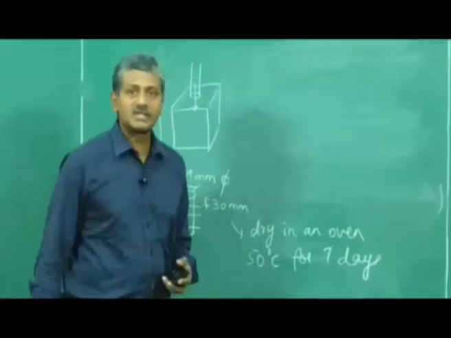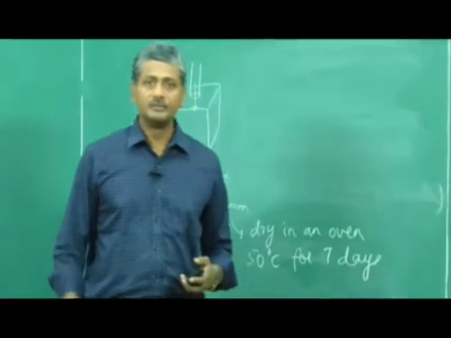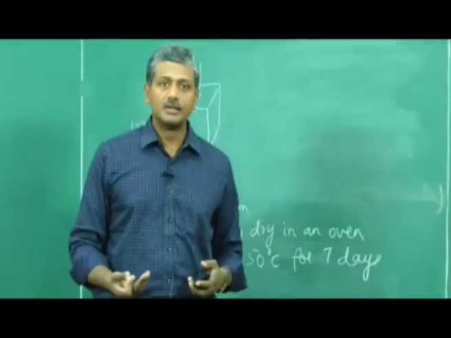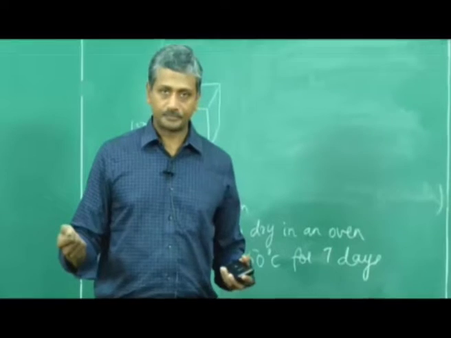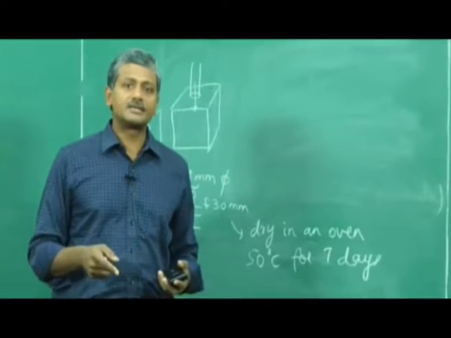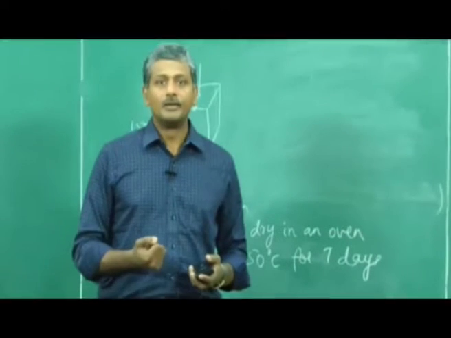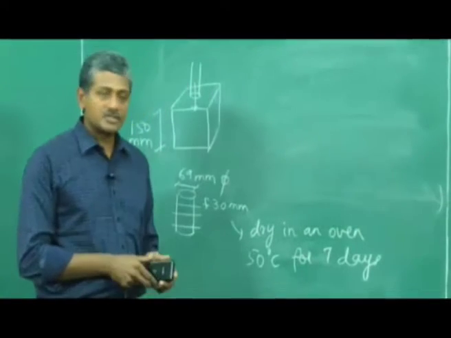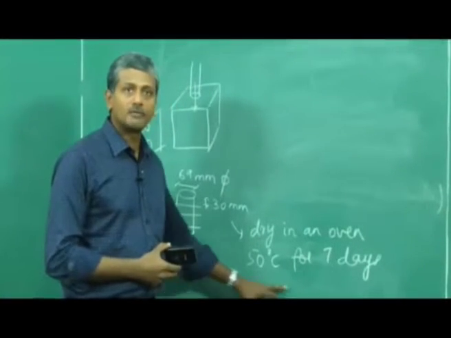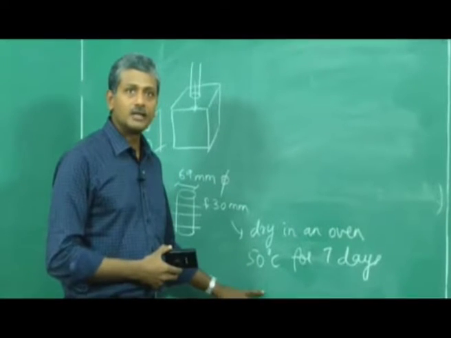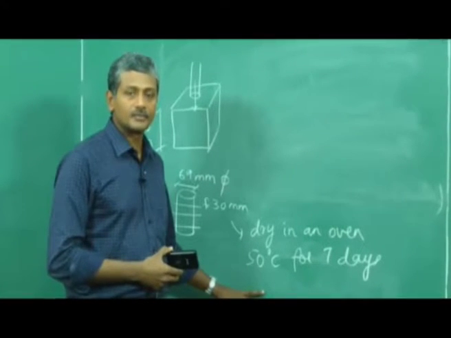Now you know that obviously the best method of drying is to put it at 110 degrees Celsius. That will drive off all the water. But the problem with drying at such a high temperature is that it may start inducing cracking in your concrete. To avoid the cracking, people have suggested that we can dry for a longer period of time, that is 7 days, at a smaller temperature of 50 degrees Celsius. Okay.